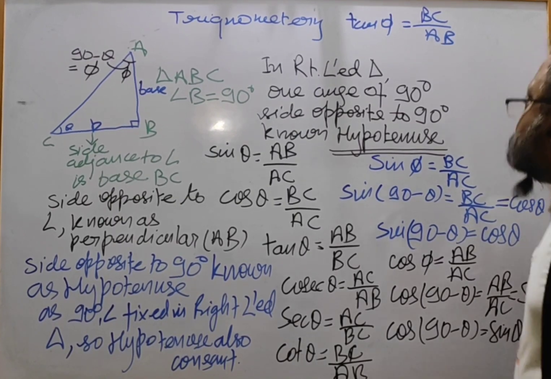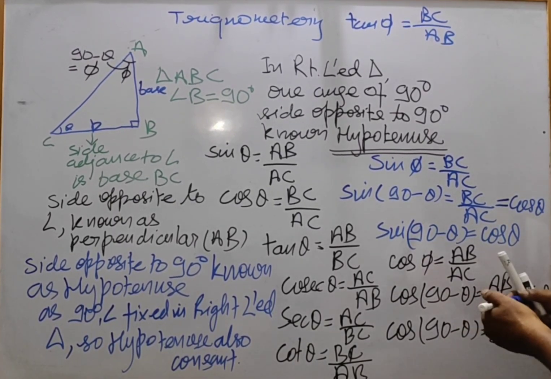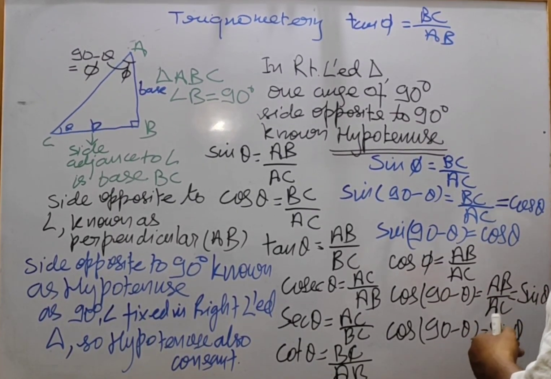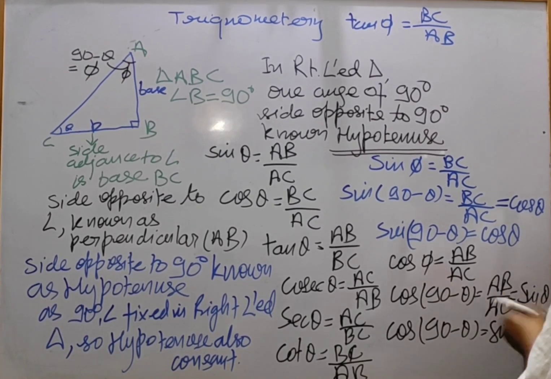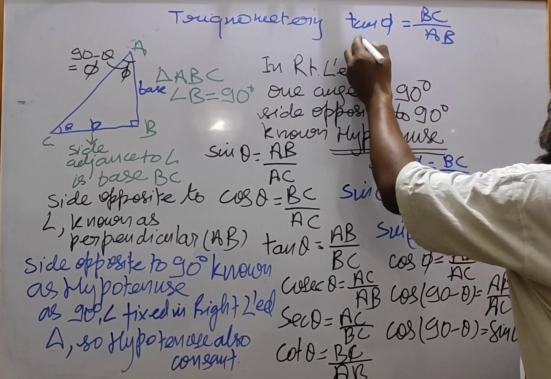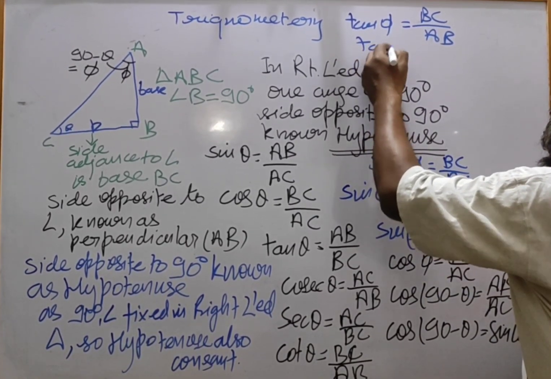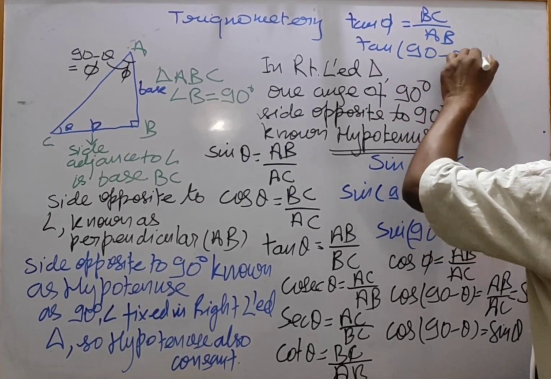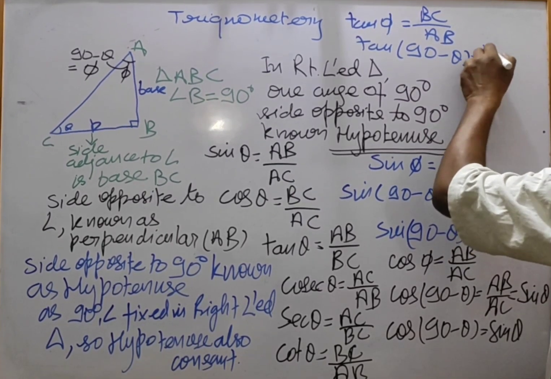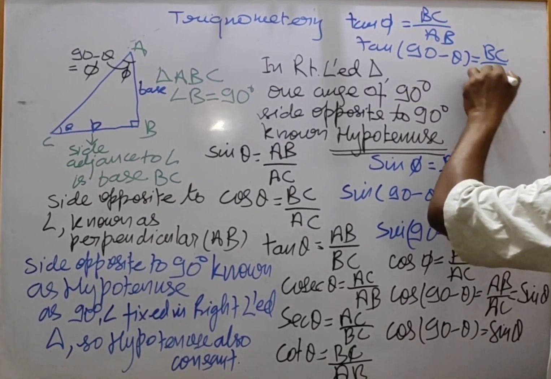And when it is BC upon AB, so we can write tan 90 minus theta is equal to BC upon AB.